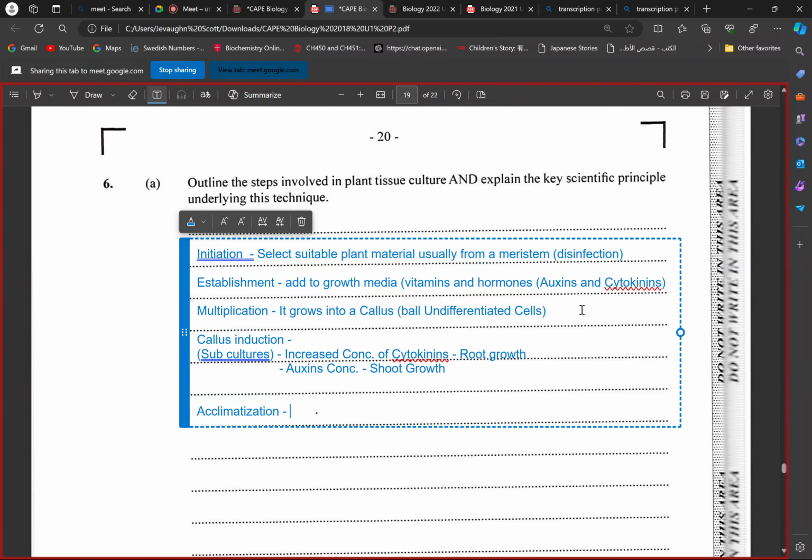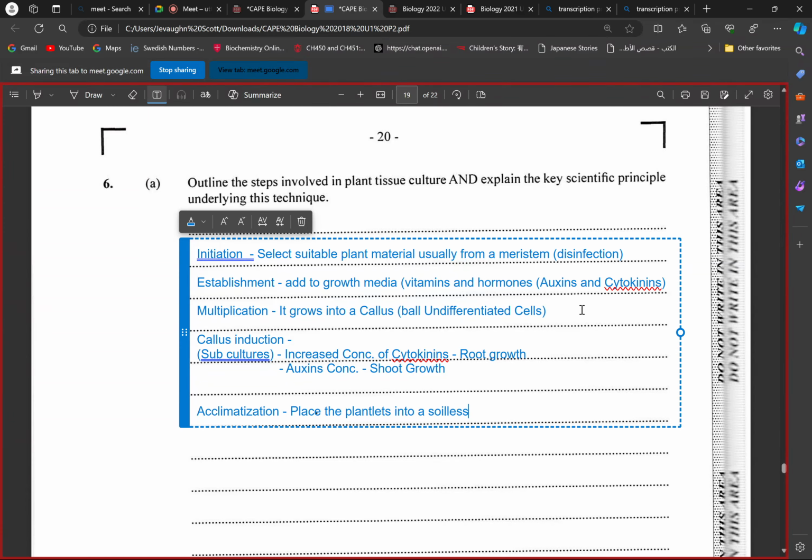What happens here? Is it the same thing as hardening? I think it's when you take the plant tissue out of the laboratory or the sterile environment that you're growing it in and introduce it to something else.